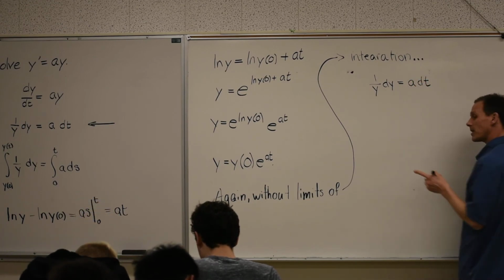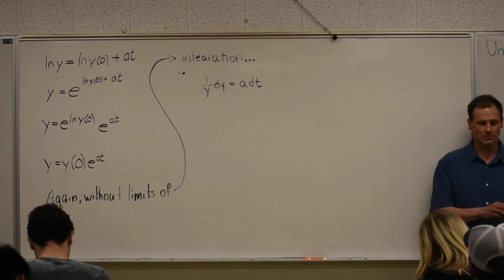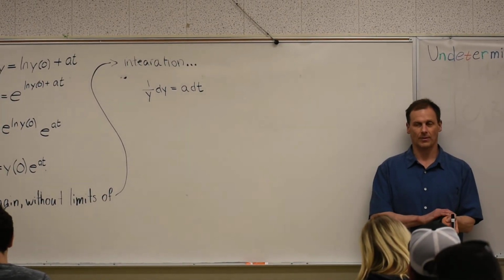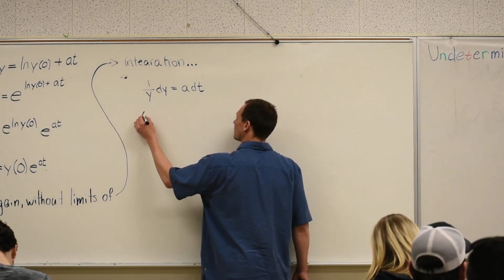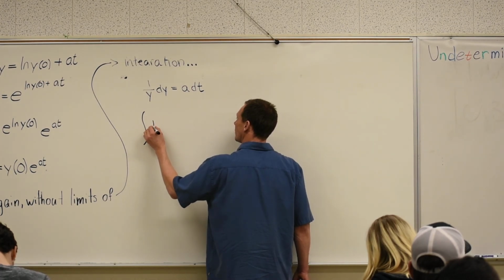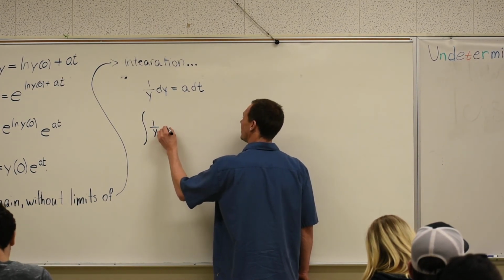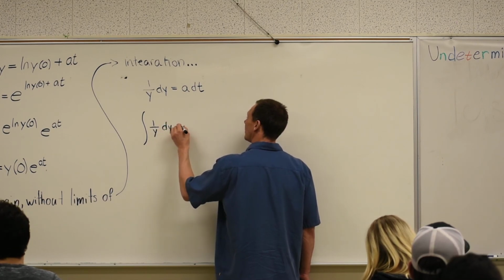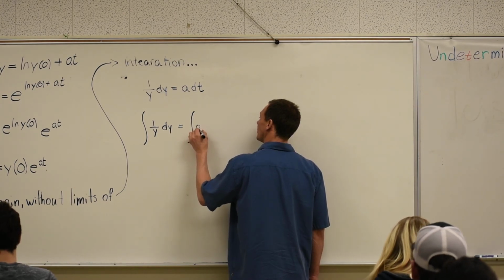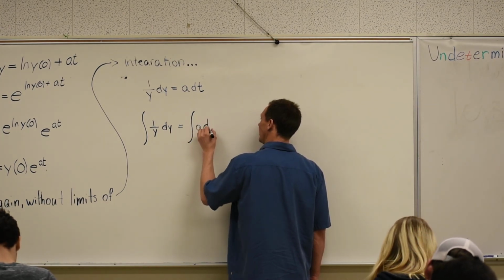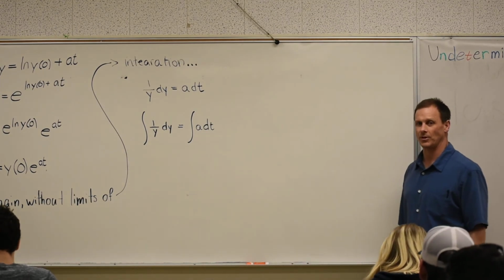And so again, we're going to integrate both sides. If you do that, we have the integral of 1 over y dy equals the integral of a, and I'll just write dt because we don't even have variables that will be substituted in.